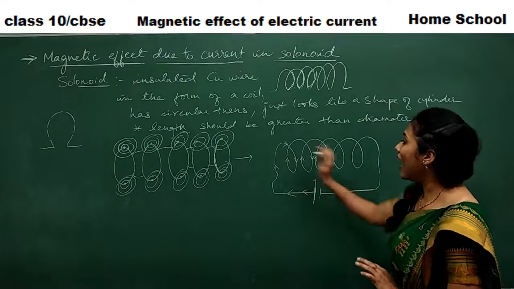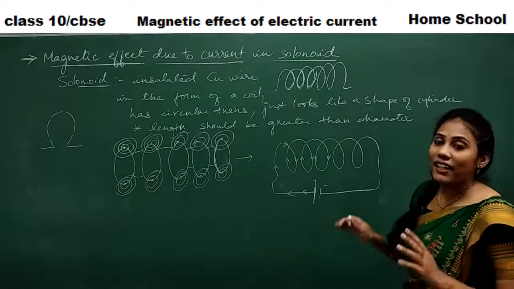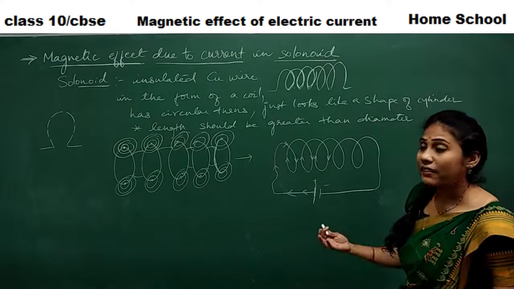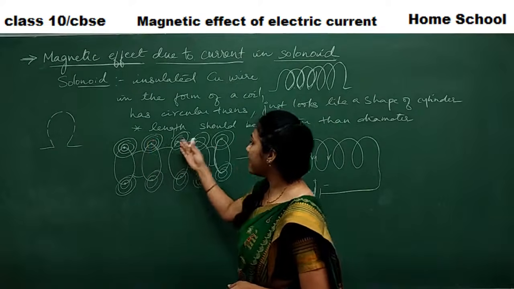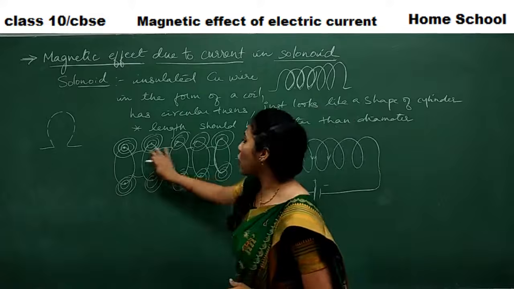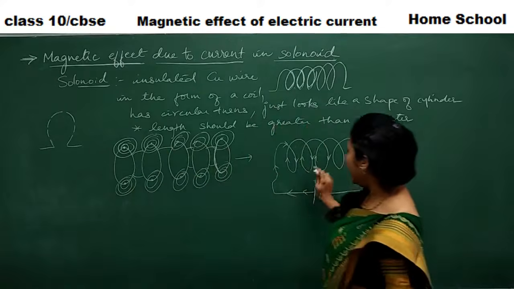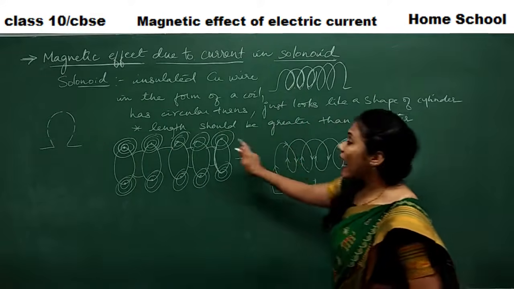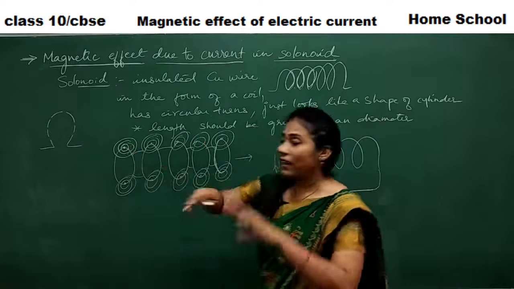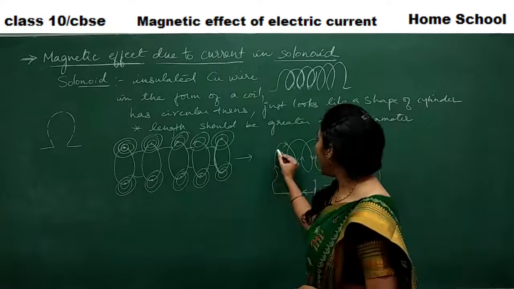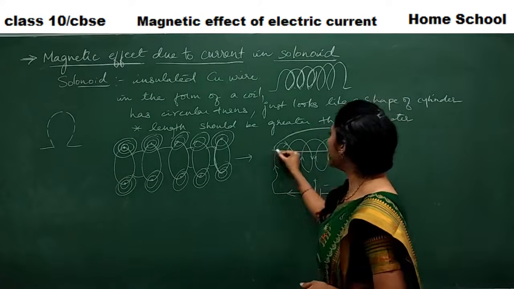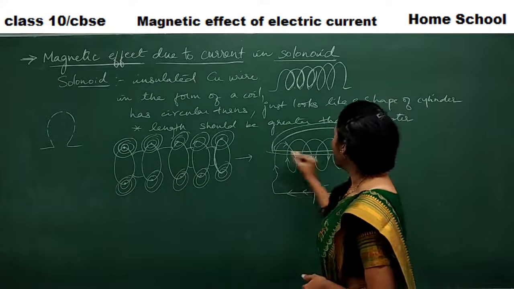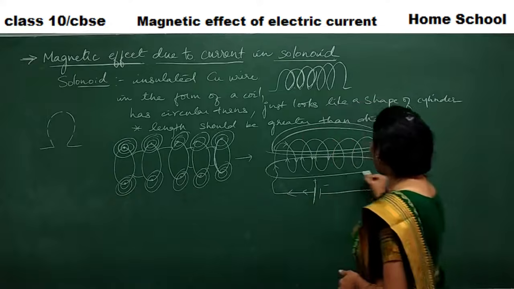And how does the magnetic field get generated here? Around each and every loop, concentric circles appear. Now I'm joining the circular loops and getting a solenoid. Can't I write the magnetic field like this? Yes? Top and bottom.